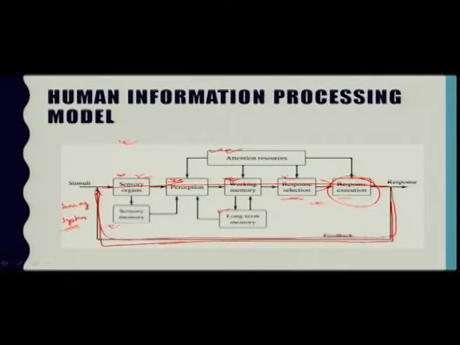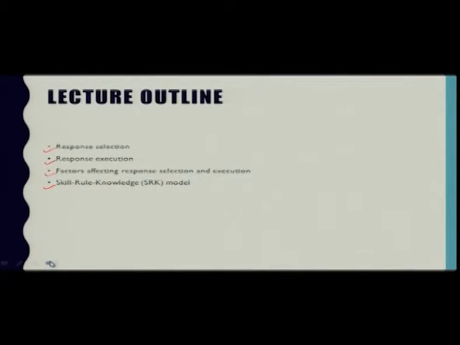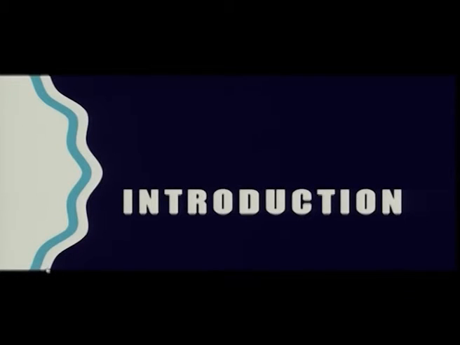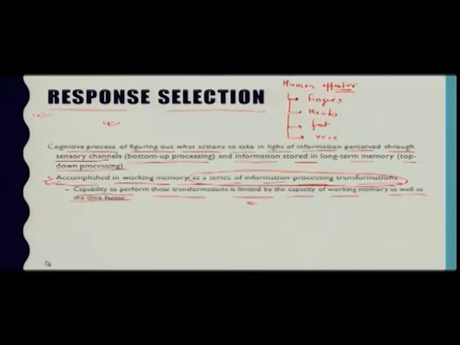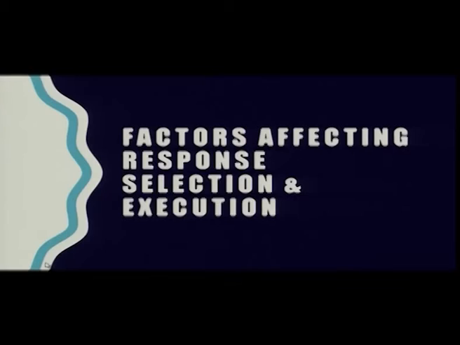Now in this lecture, we have tried to discuss these two topics related to response selection and execution. As a next topic, we are going to discuss the factors affecting response selection and execution, in particular those that affect the speed and ease with which a selection is made in cognitive processing.